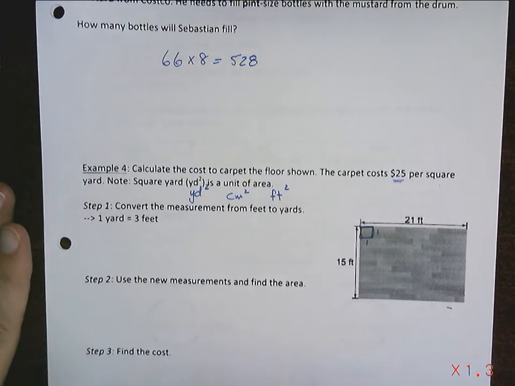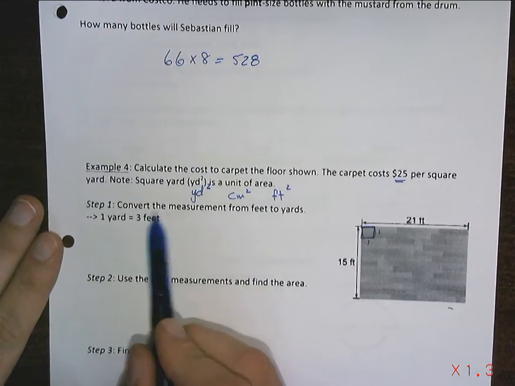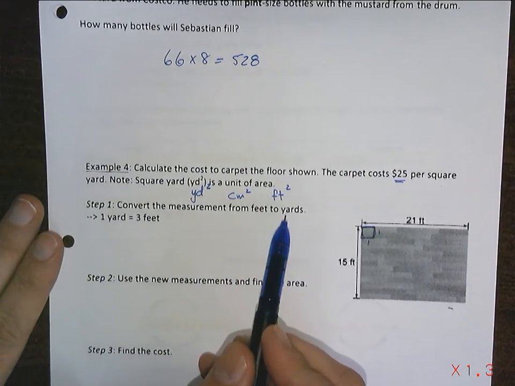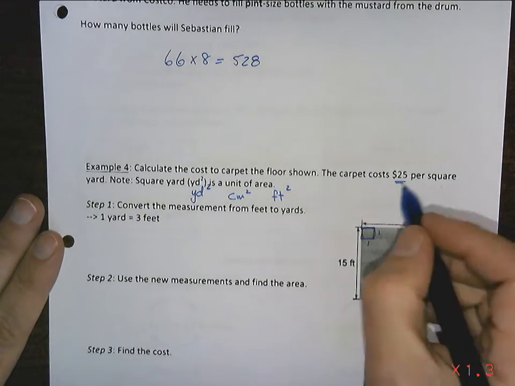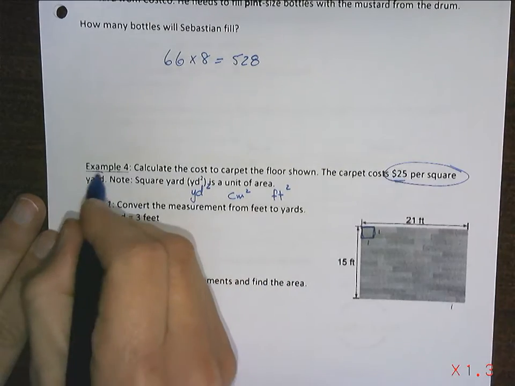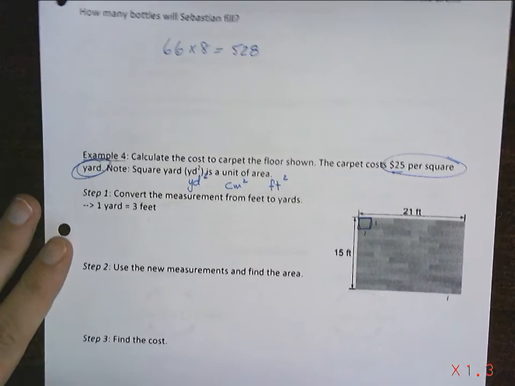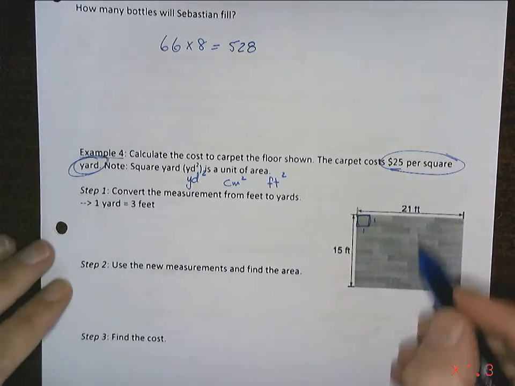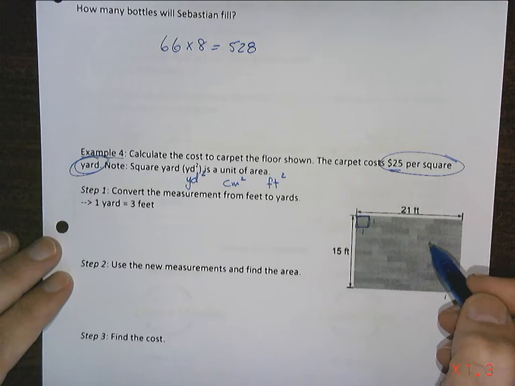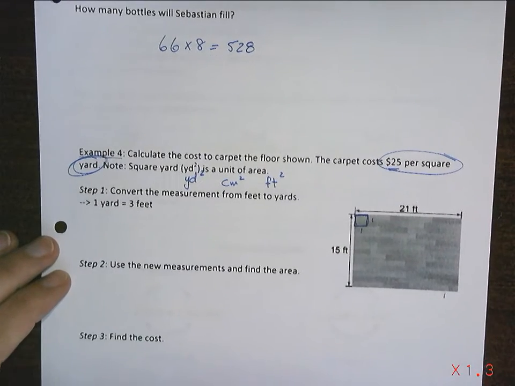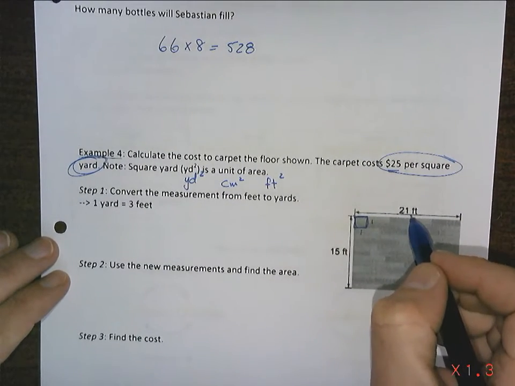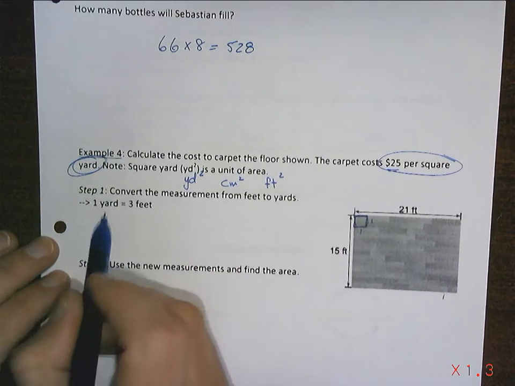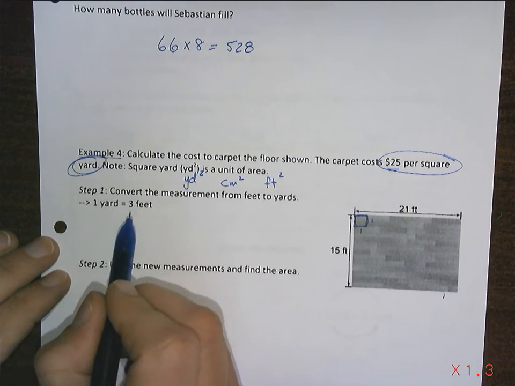So the first thing we're going to do is convert the measurement from feet to yards. Why? Because it's giving me a price per yard, not per foot, right? So my dimensions are in feet, but I need to change them to yards. So we're going to change 21 feet to yards. How many feet are there in a yard? 3.